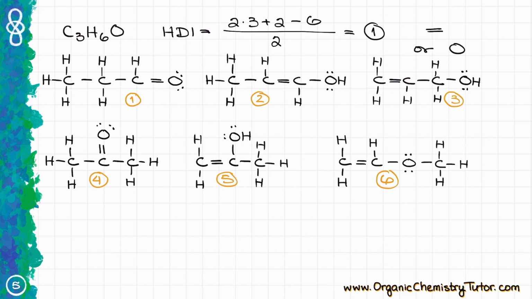At this point, when I've exhausted all acyclic, or open chain in other words, possibilities, I can move on to the cyclic versions. And probably one of the most straightforward structures that I can come up with here is going to be where all of my core atoms make up the 4-membered ring.